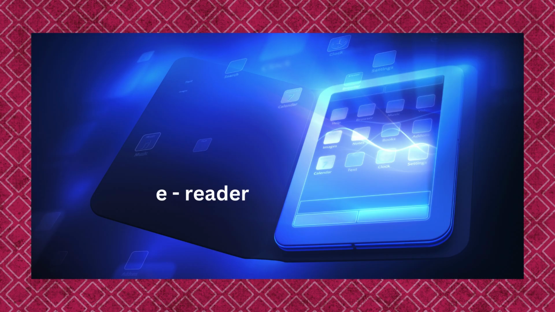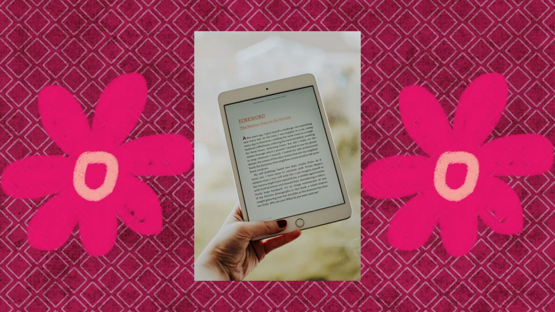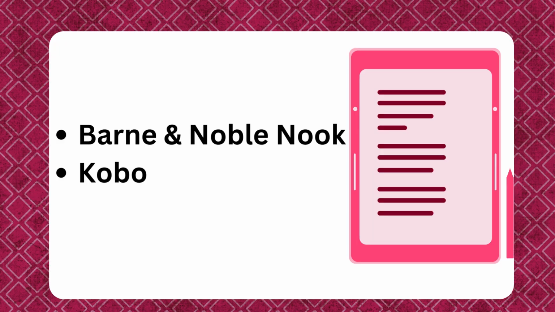E-readers. E-book readers, also called e-readers, are similar to tablet computers, except they are mainly designed for reading e-books, that is, digital downloadable books. Notable examples include the Amazon Kindle, Barnes & Noble Nook, and Kobo.